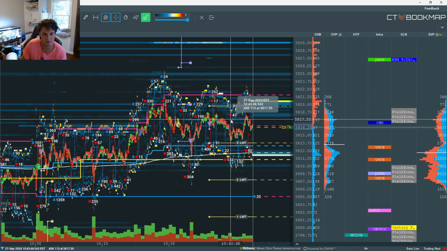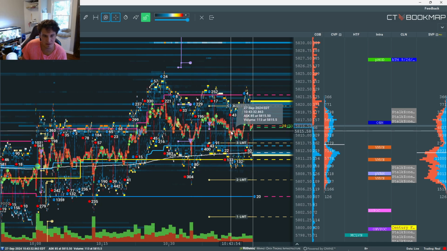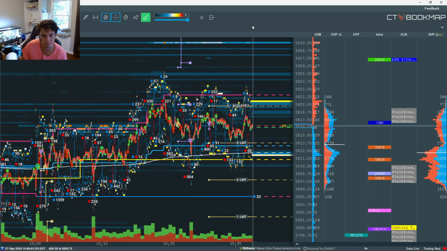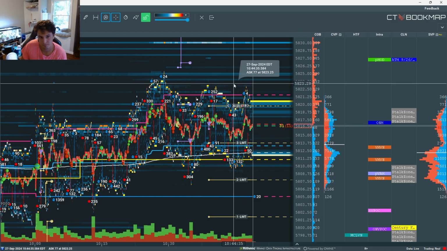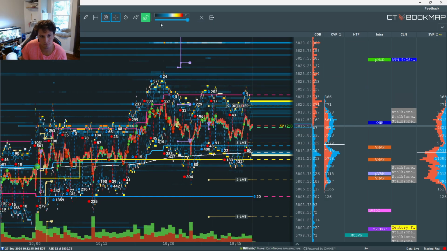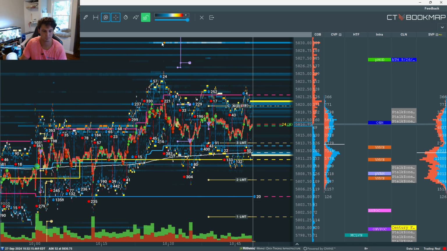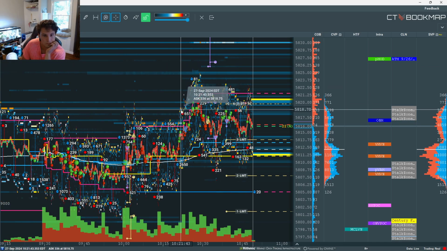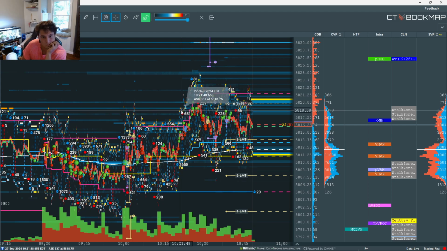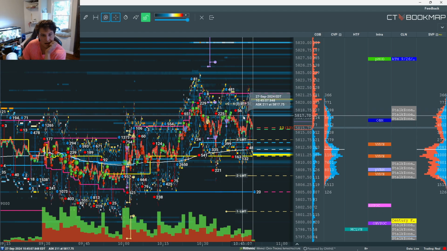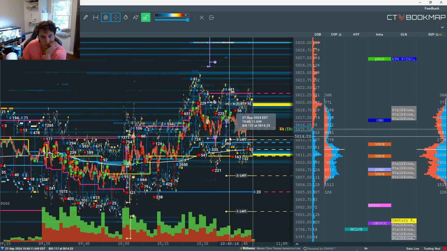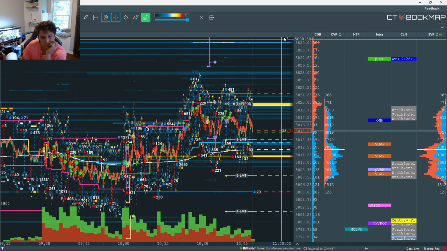Potential support. We still didn't break here, but now this is an area to observe. So we still held here. If this is too high, then we could break down here.